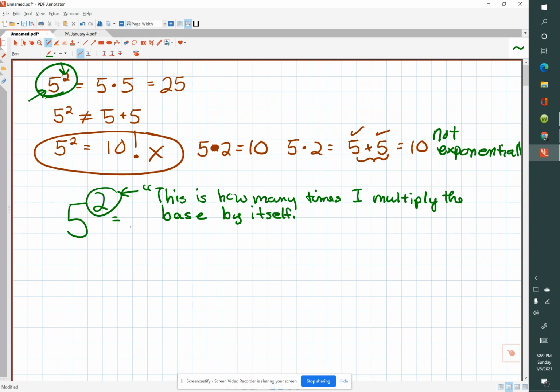So in the case of 5 to the second, we multiply the base by itself 2 times. 1, 2, to get 25.